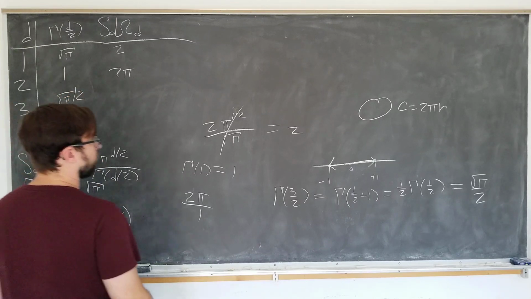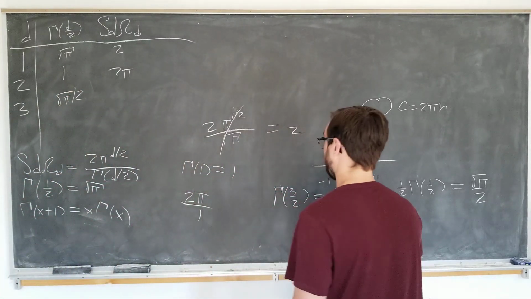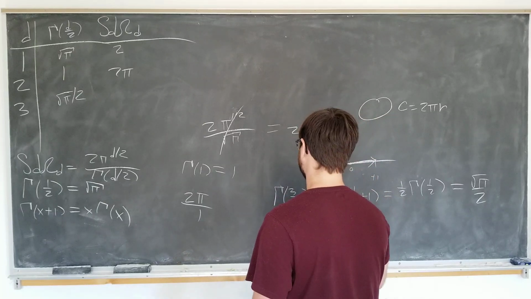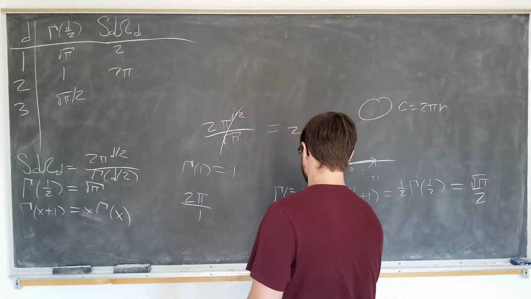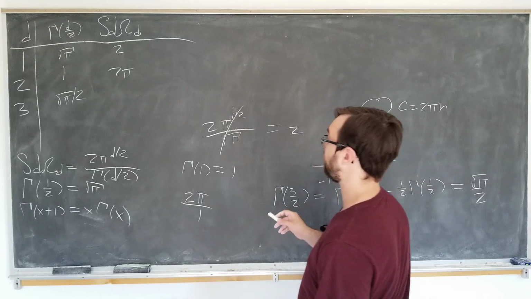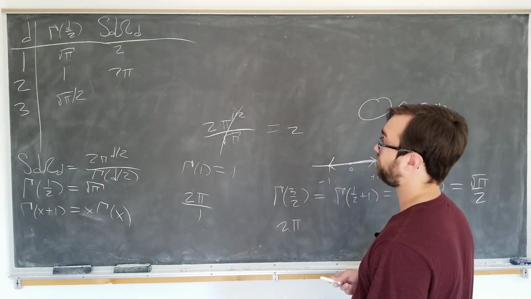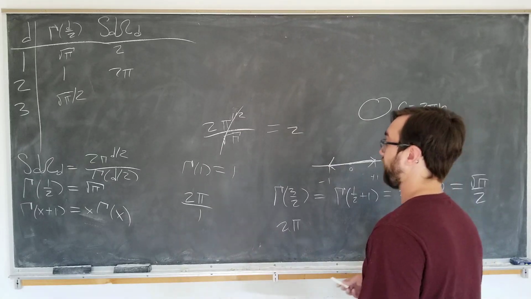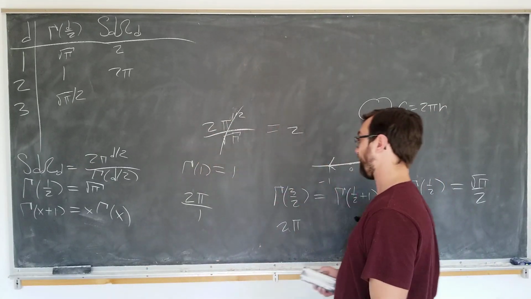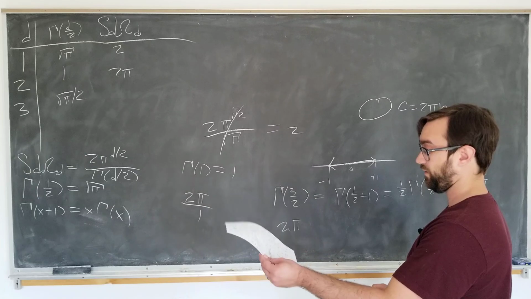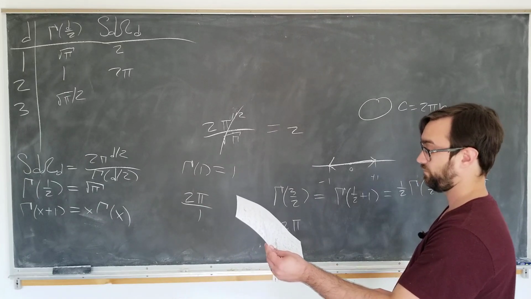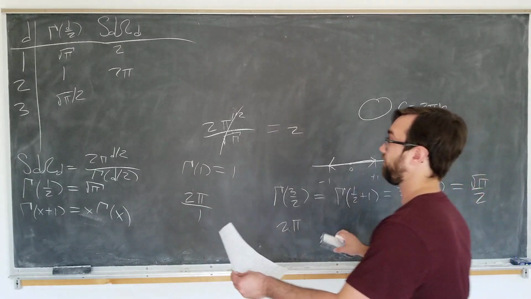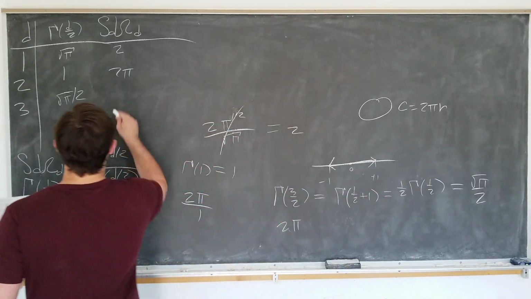Now we just want to get the appropriate factor of pi up top. So we now have 2 pi to the d over 2. Okay, d is now 3. So I'm just going to stop here since it's getting kind of tedious. I'll go ahead and fill in the rest of the table for you. This becomes 4 pi.